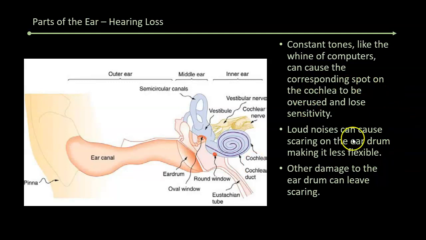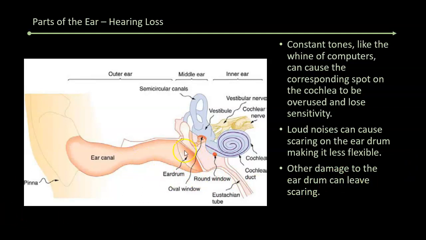Loud noises, in particular, constant loud noises or impact noises, cause damage to the eardrum out here, which is this nice little flexible membrane. They damage it and they cause it to build up scar tissue. And so as you get scar tissue built up on this, what happens? It becomes less flexible.